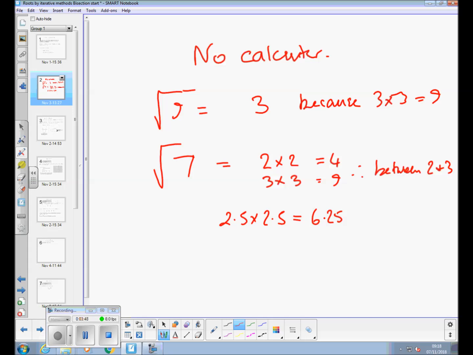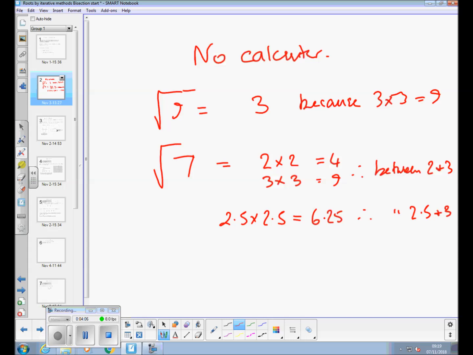So what would you say the square root of 7 is between now? So where would you go with it next?